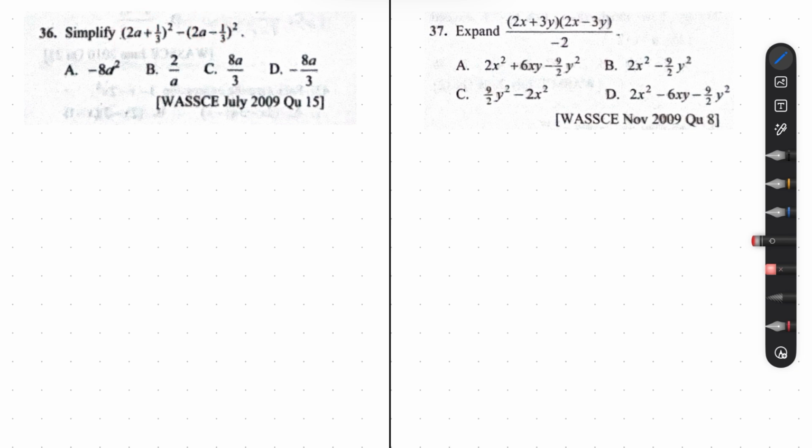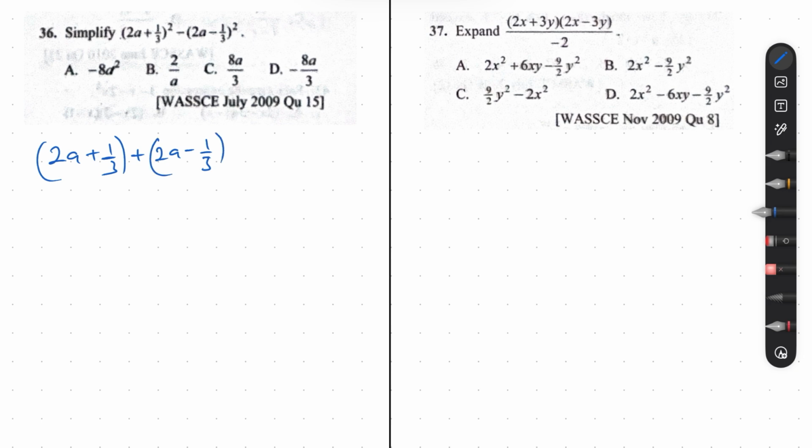Cool. So this is one expression, another expression, and they are squared. So we are going to add this to this and multiply it with the subtraction of this and this. Okay, so let's do that. We have 2a plus 1 over 3 plus 2a minus 1 over 3.